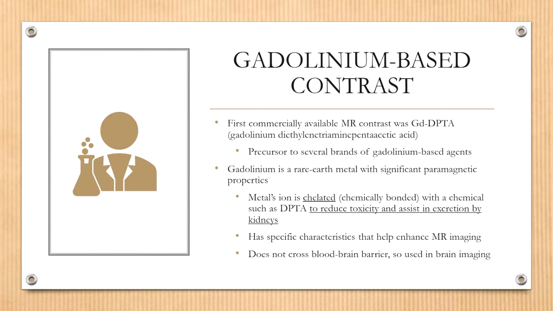By contrast, looking at the linear ones like gadolinium DTPA and gadolinium DTPA BMA, the two top ones as well as the ones underneath them, you can see that gadolinium is not contained. It's in the middle, but there's nothing containing it in a circle of molecules.